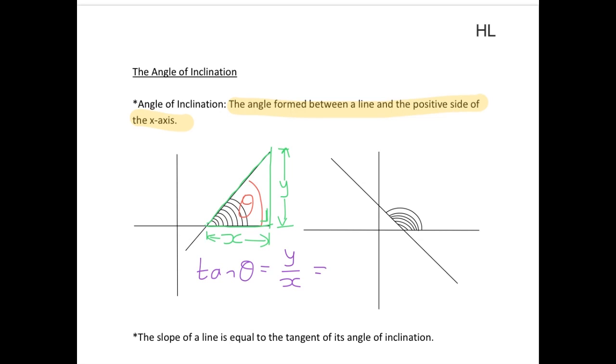But this is just the exact same thing as the slope of this line, our rise over our run, which is our slope. So that's where that comes from, that the slope of the line is the tangent, or tan, of the angle of inclination theta. Tan theta is our slope.